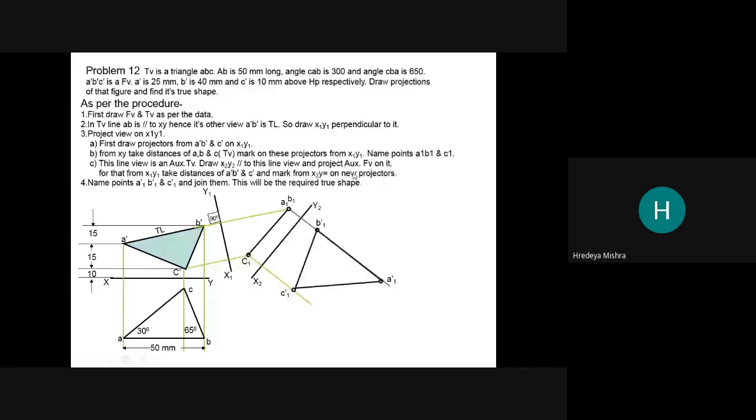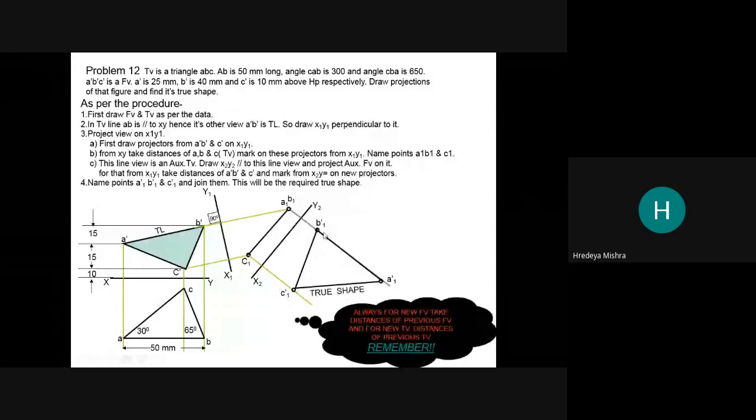Okay, so you get the difference here. This is the difference. Okay, now what happened? X2 y2 on the new projection. See here, this is our true shape. This is our true shape.